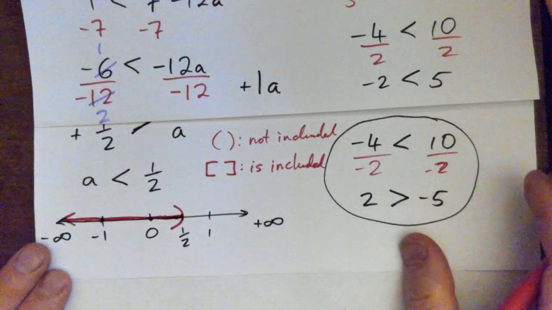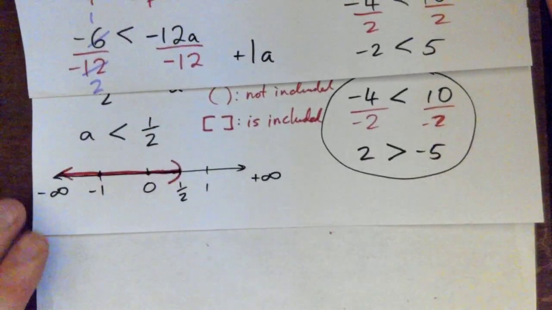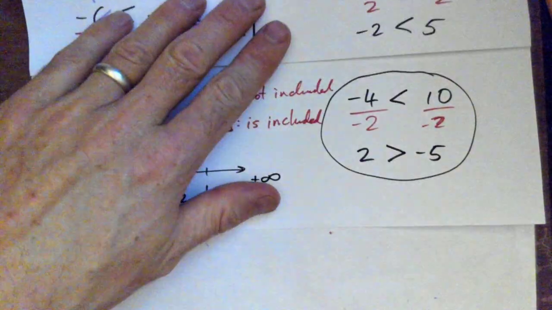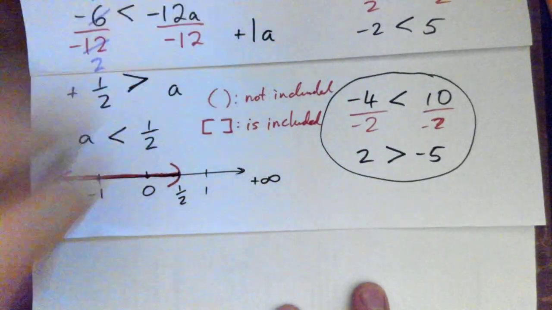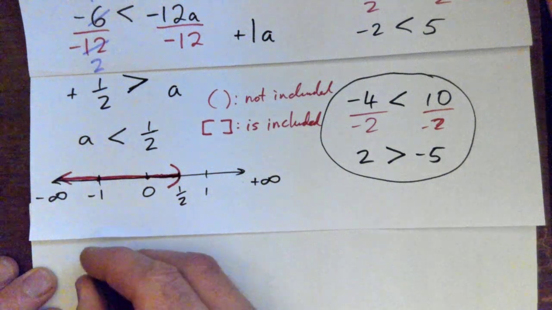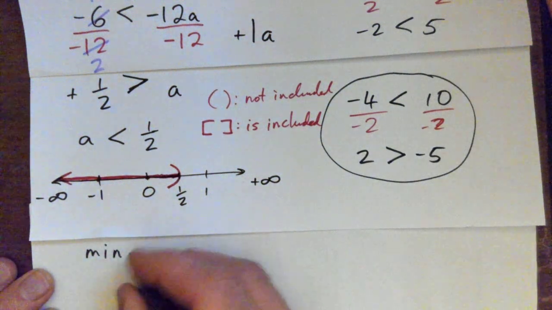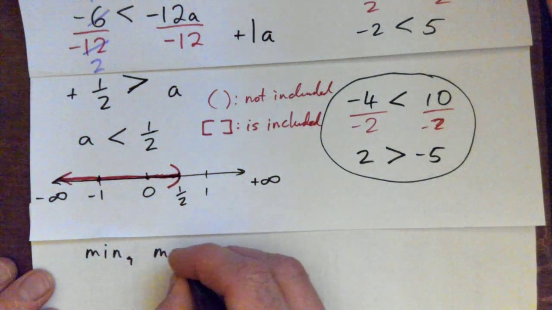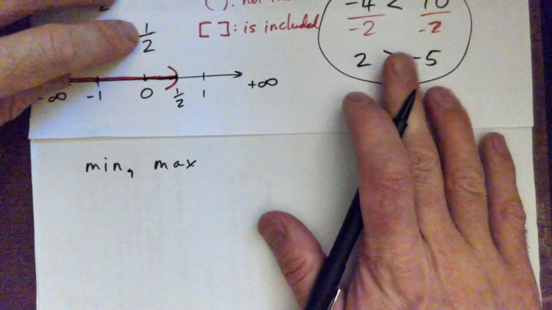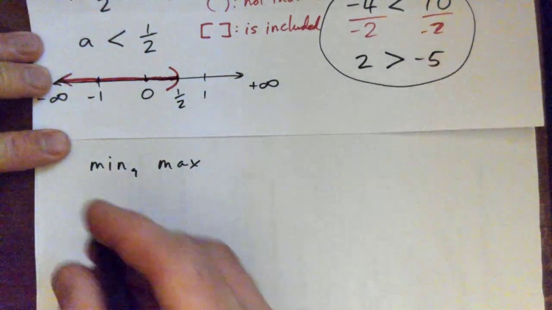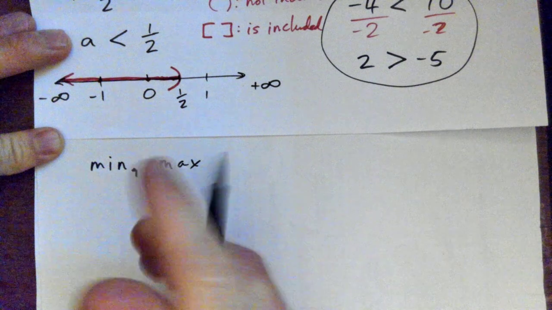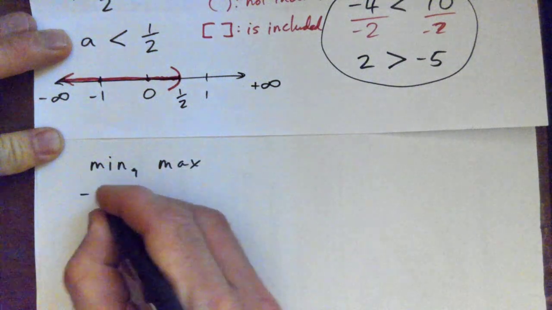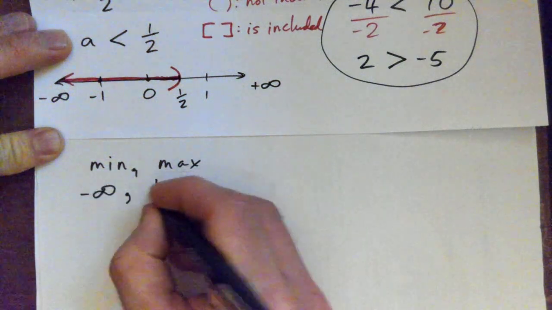So that would be the line graph, and then the interval looks like this. It has a min, comma, a max. Min, comma, max. And for this set of numbers, these numbers range from negative infinity all the way up to 1/2.